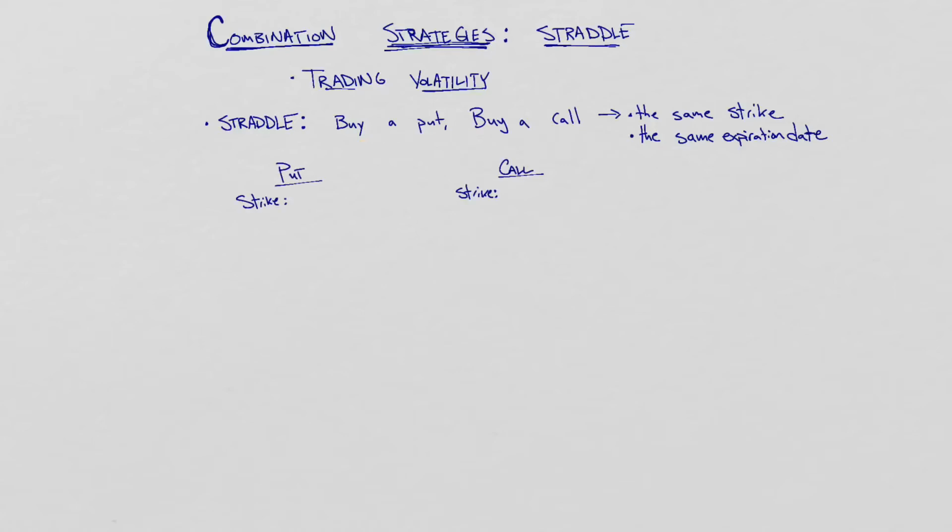So the strike price for both of these, the put and the call that we're going to buy, is the same. Let's say they're both $20 strikes. Now, they may not cost the same, and just so that we can keep track of which is which, let's make sure that they don't cost the same.